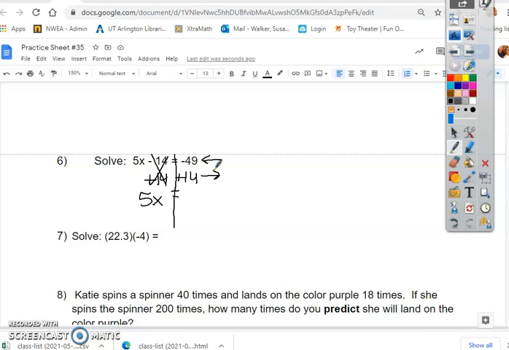So when we subtract this, 9 minus 4, 4 minus 1, and hopefully we know that's negative. Okay, so that's negative 35 right there. Now, your job is to finish this up and watch your sign.